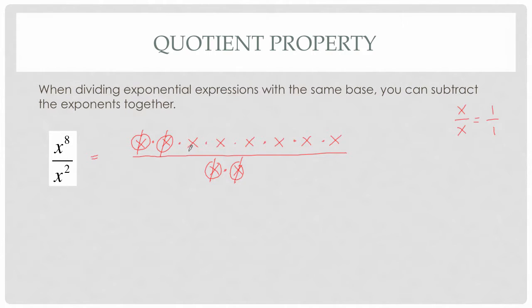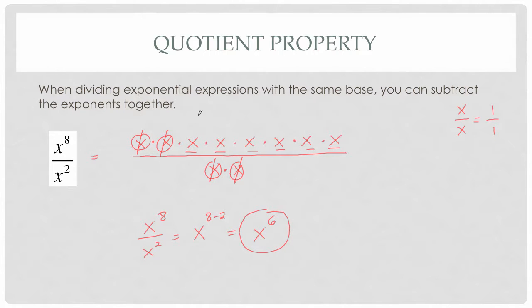And so we see we end up with 1, 2, 3, 4, 5, 6 x's on top divided by 1, or just 6 x's. So x to the 8th over x squared equals x to the 8 minus 2, subtract the exponents, which just equals x to the 6. It means there's 6 x's once you divide out a certain number of x's on the top and the bottom.